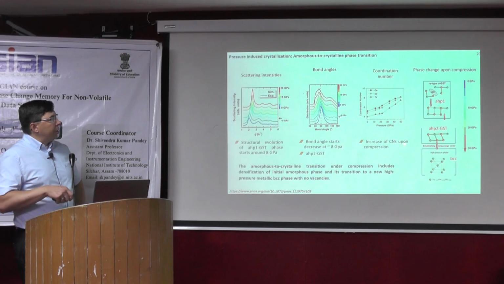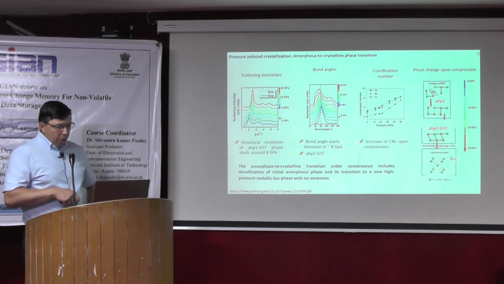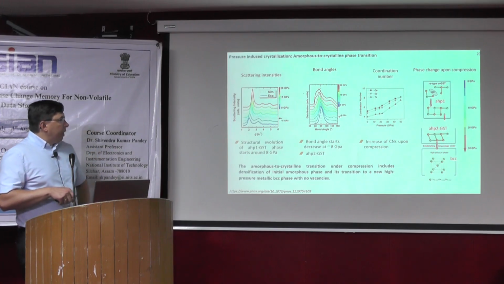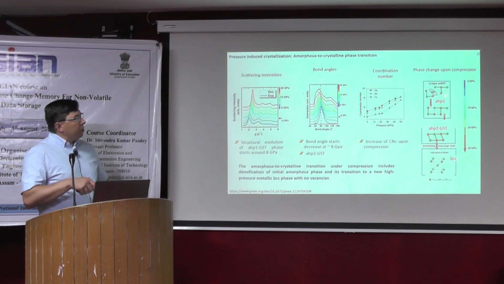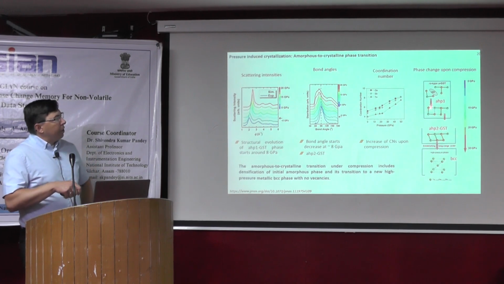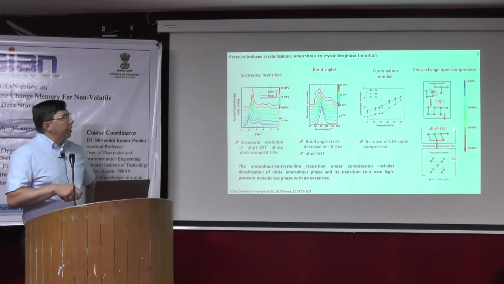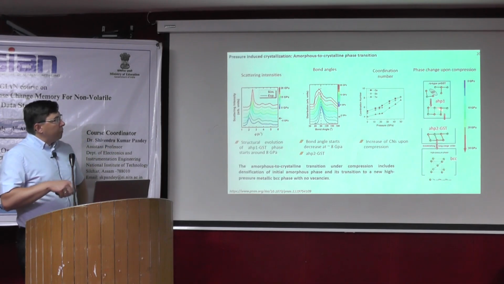Also, there is an increase in coordination number under compression, and so here we transform this dense amorphous phase to the amorphous phase 2, and then it reaches a more ordered phase compared to both phases.